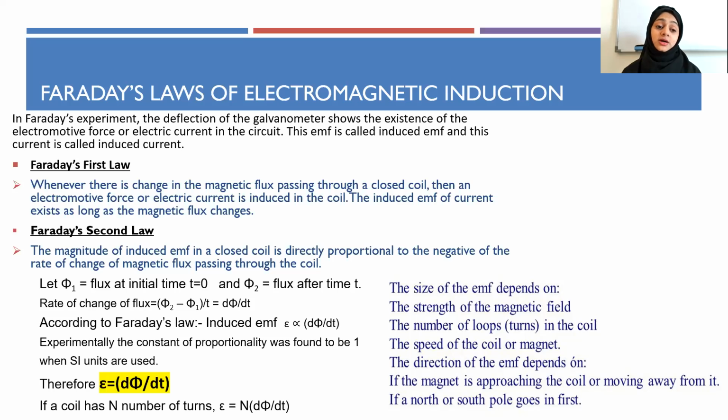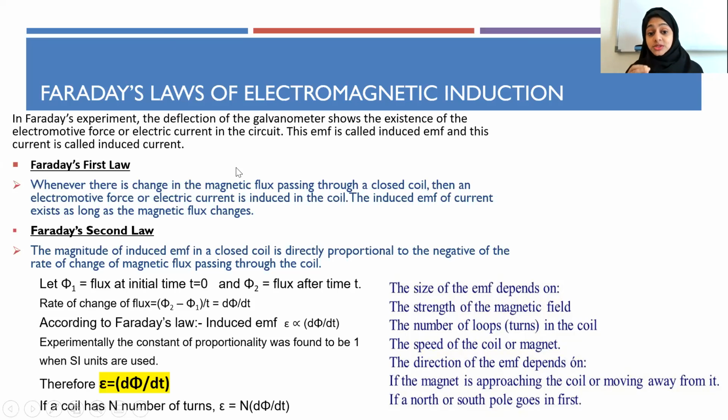They used the word electromotive force, which makes the electrons travel and the current flow. So EMF means voltage. Here the existence of electromotive force or electric current in the circuit is shown by the deflection of the galvanometer. This EMF is called the induced EMF, and this current is called the induced current.